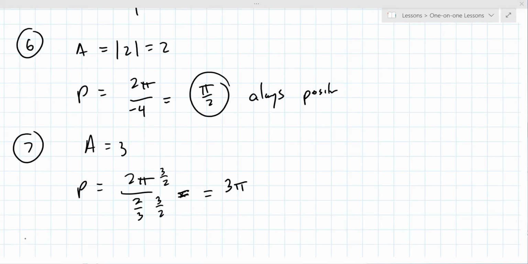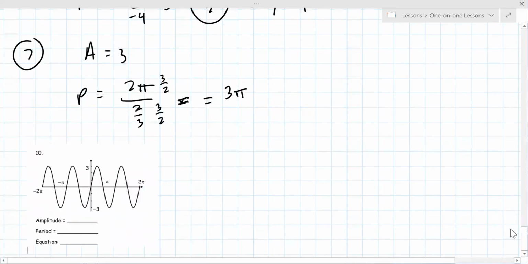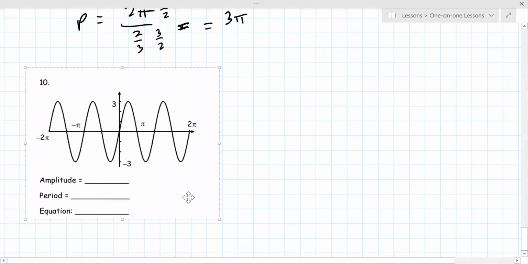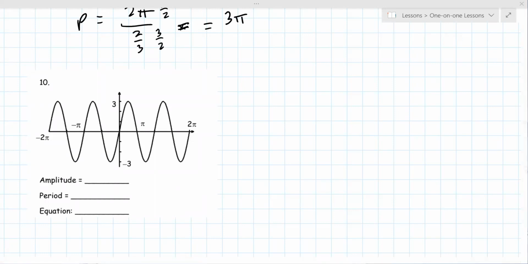Snipped that in here. Okay, so for the amplitude, this is where you need a little bit more information than just a formula. You have to know where the center line of this graph is. The center line is right there at 0. The amplitude is how far up it goes or how far down it goes, either one.